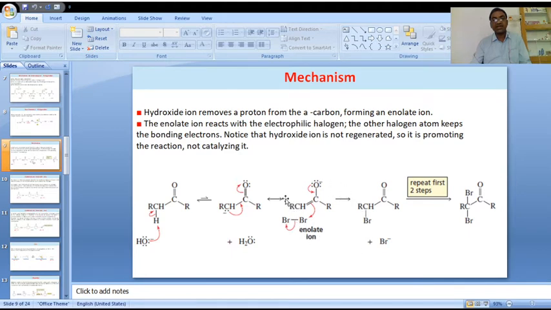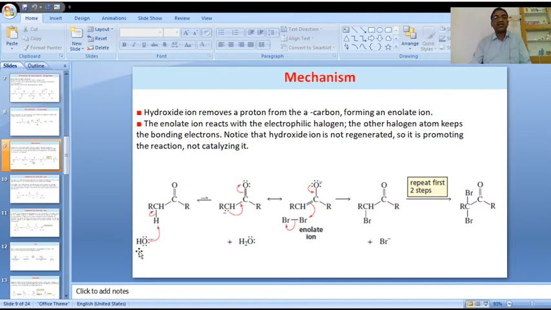This is the intermediate enolate ion, with an enol double bond and an O negative, like an ester-like structure. The enolate ion is formed after abstracting a hydrogen from the alpha carbon.